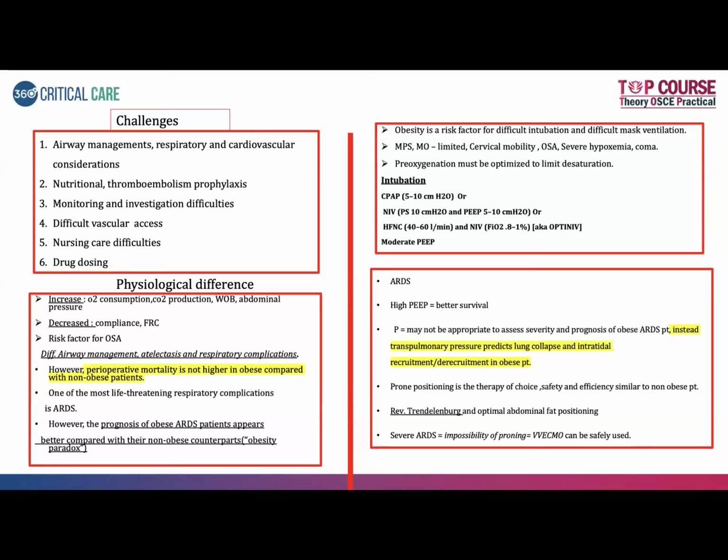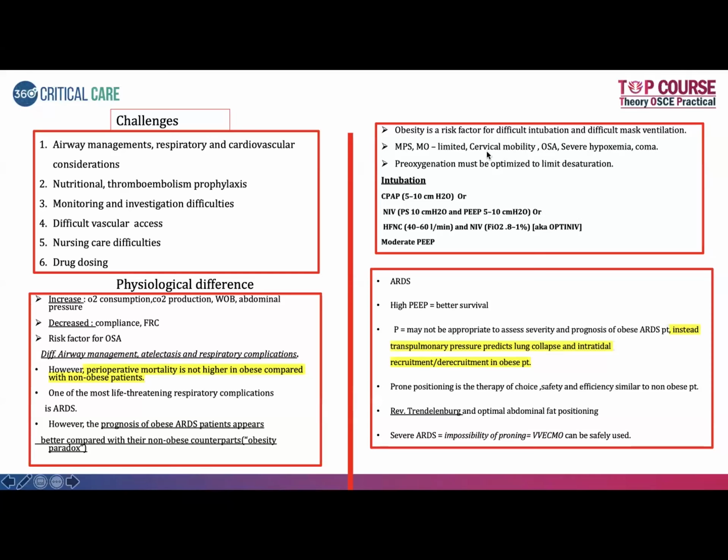More important is the difficult airway component that we need to manage when the patient is decompensating. Paradoxically, perioperative mortality in obese patients has not been very high. This is also one of the terms of obesity paradox. And the prognosis in terms of ARDS, compared to non-obese patients, is again better in obese patients.